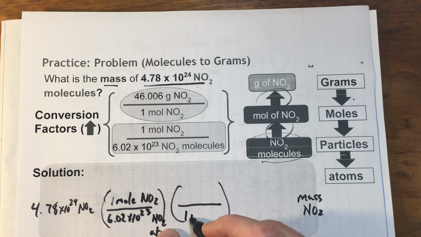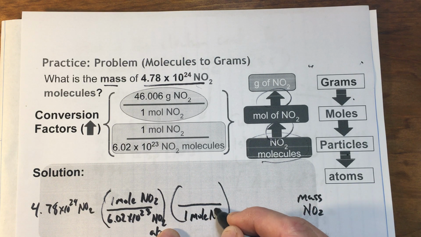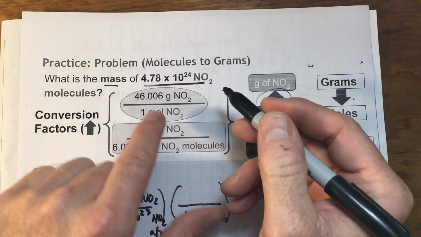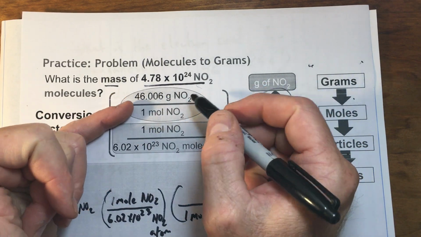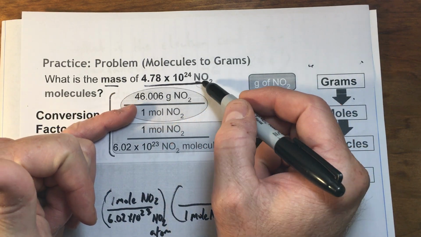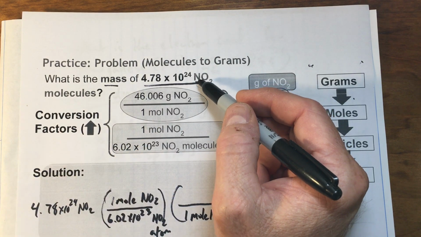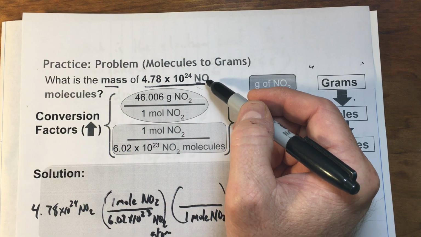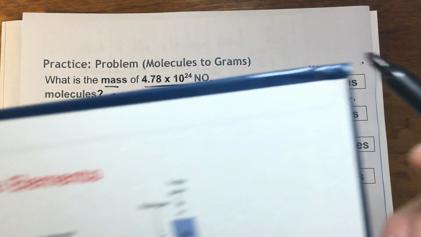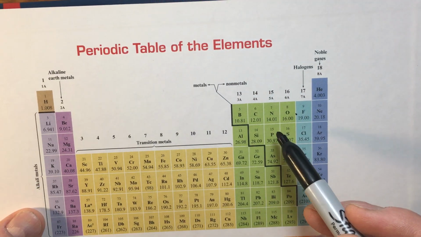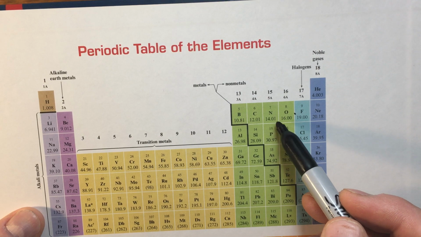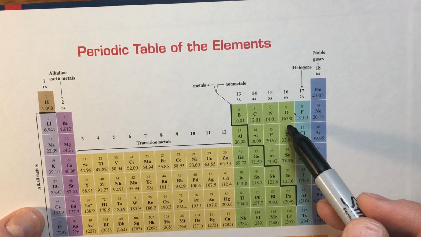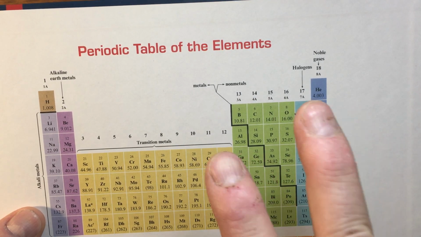We know for every 1 mole of NO2, you'll sometimes have to find this weight. It was determined by taking 1 N from the periodic table and its weight, and then adding the oxygen's weight times 2. Let me show you where you would find that. You would say 14.01 for nitrogen, plus 16 times 2.